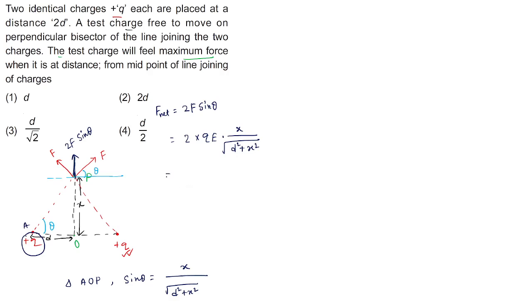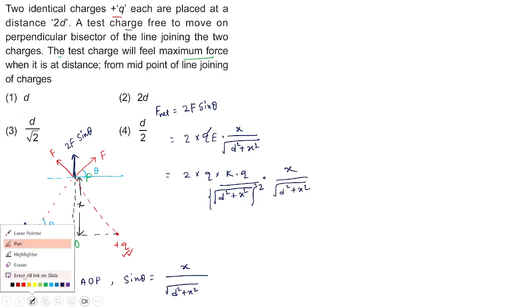And what is the value of E? E is nothing but Kq' by r square, where q' is the source charge. What is r? r is AP, that is root of d square plus x square, and then r square. So this is E, and then we multiply by x by root d square plus x square.